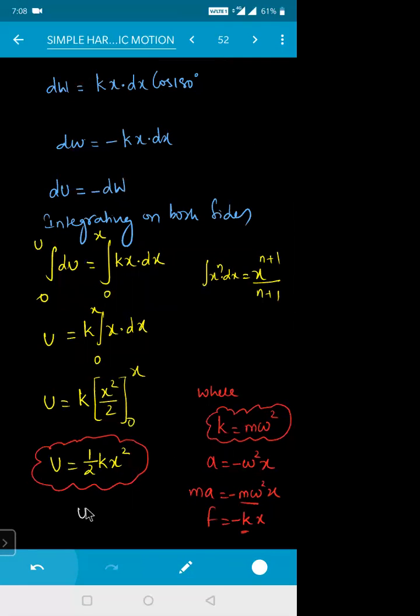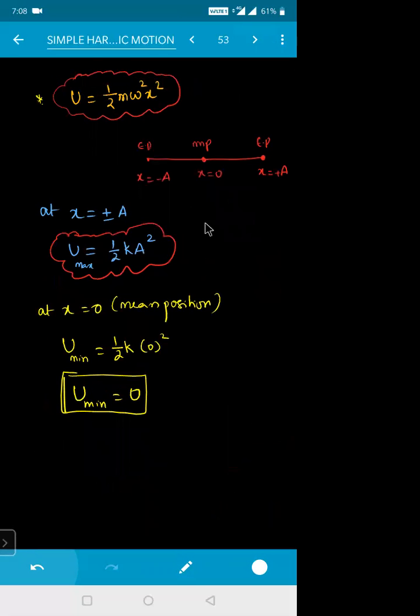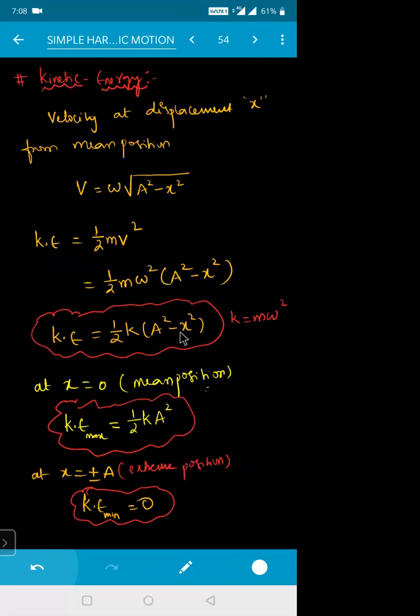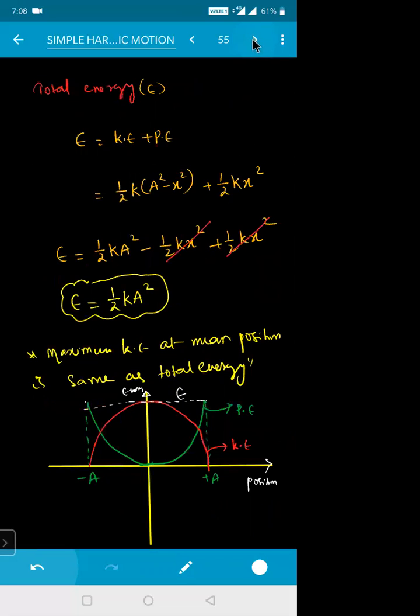This is the general relation, and it is totally a constant. That is the reason we get the potential energy in the upward direction.